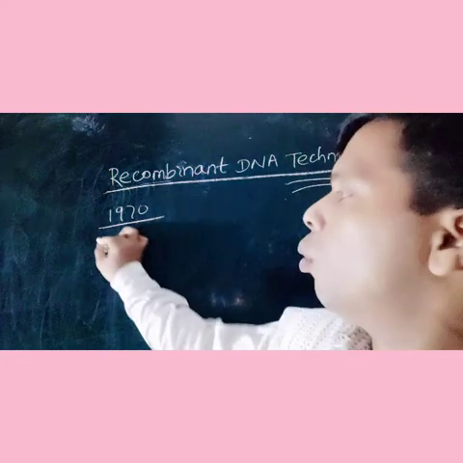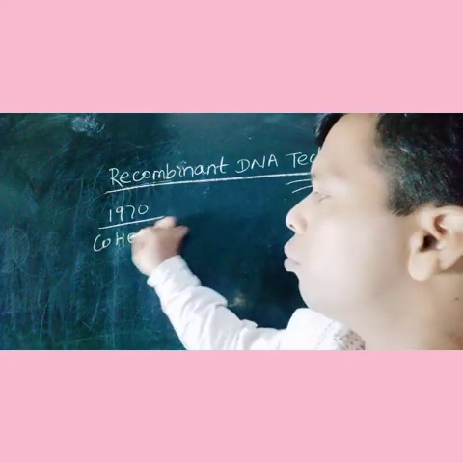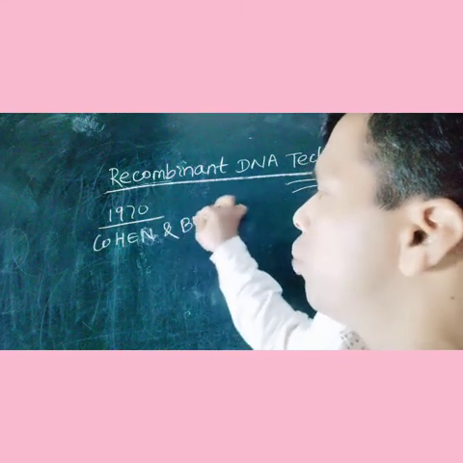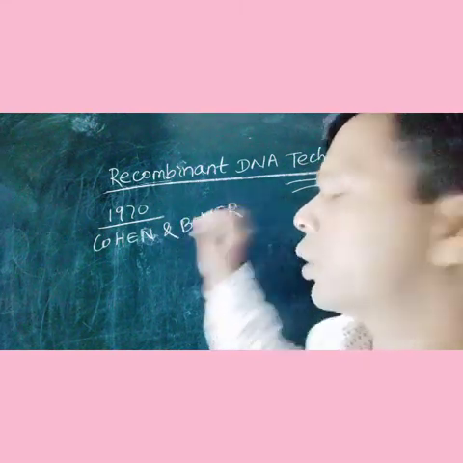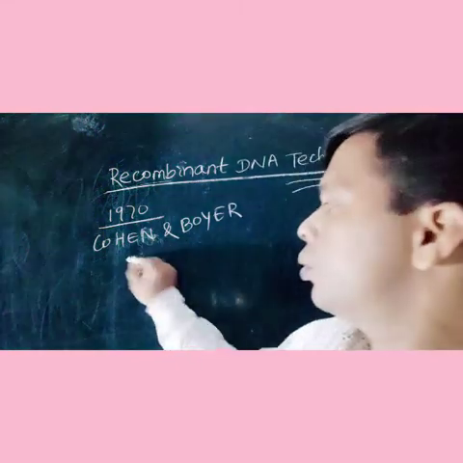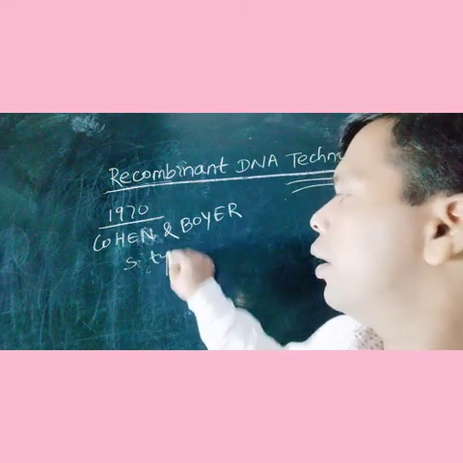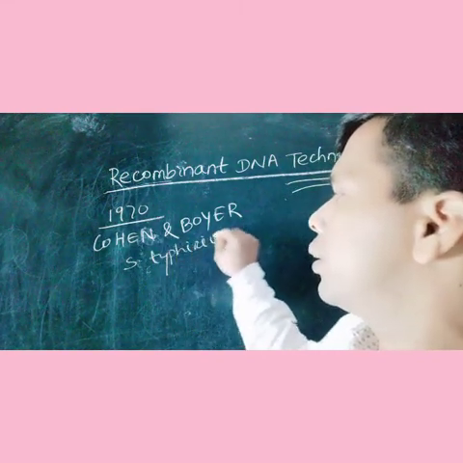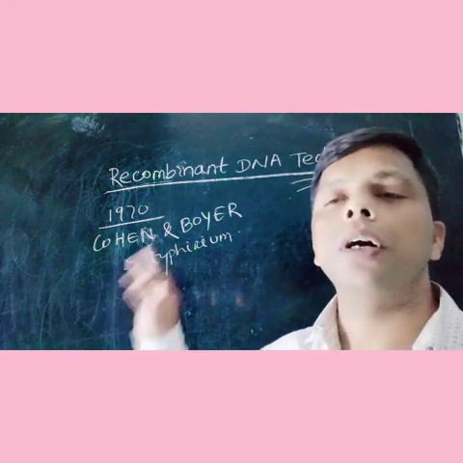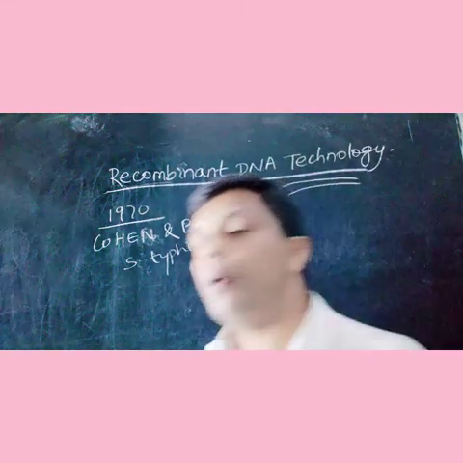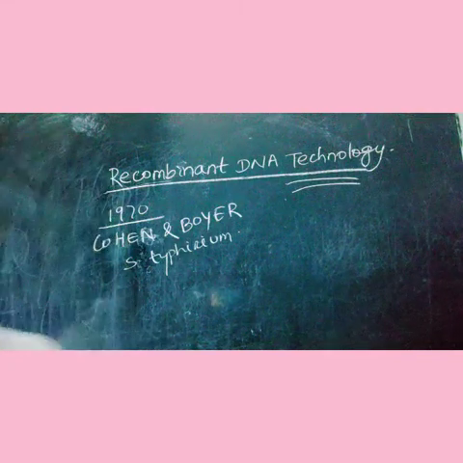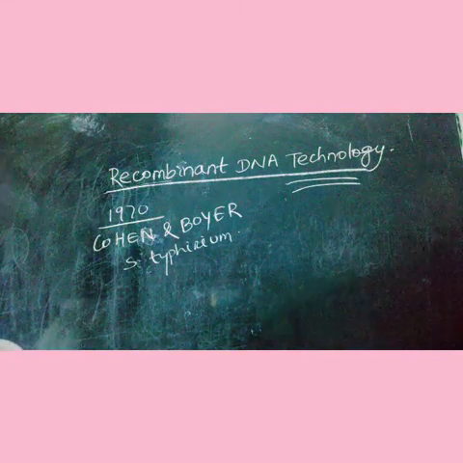For the first time, they successfully implanted a plasmid of Salmonella typhimurium. It was a bacteria which was first manipulated by Cohen and Boyer. After this experiment, recombinant DNA technology was developed.